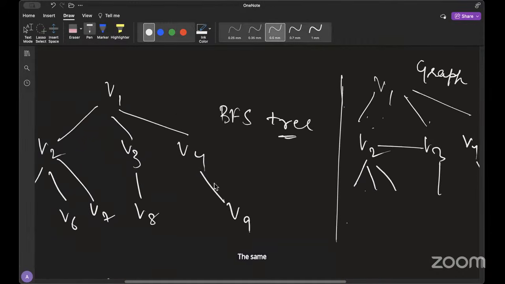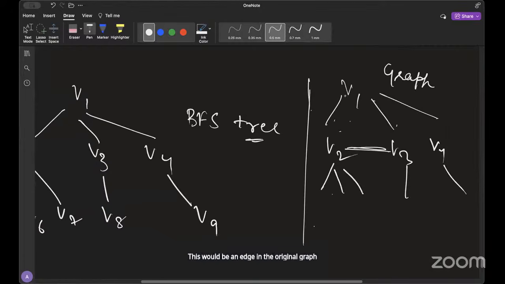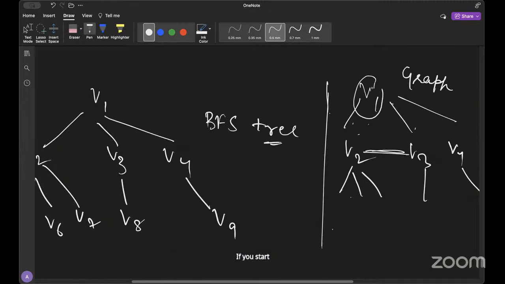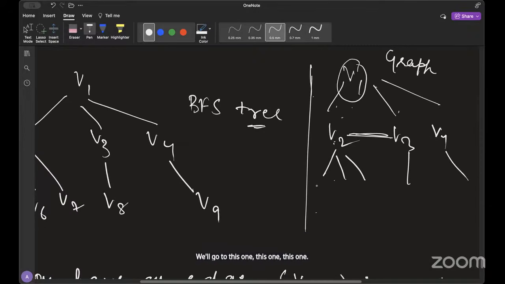The same as this tree, but we have an extra edge here. This would be an edge in the original graph, right? What will be the BFS tree for this then? Can this not be a BFS tree for this? If you start your search from V1, then you'll go to V2, V3, V4, right? And then from V2, you'll go to this one, this one, this one. All I'm trying to say is if this is your graph, then the BFS tree is this.